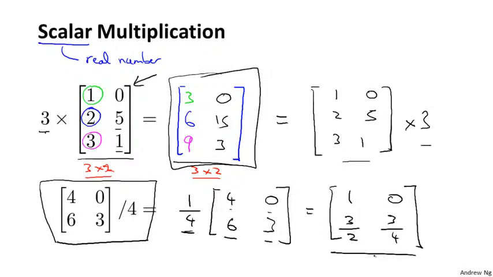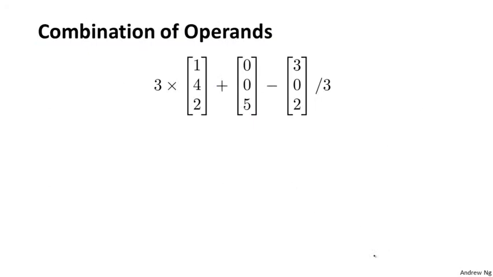Finally, for a slightly more complicated example, you can also take these operations and combine them together. So in this calculation, I have 3 times a vector plus a vector minus another vector divided by 3. This multiplication is an example of scalar multiplication, because I'm taking 3 and multiplying it. And this is another scalar multiplication, or scalar division, which really just means 1/3 times this.